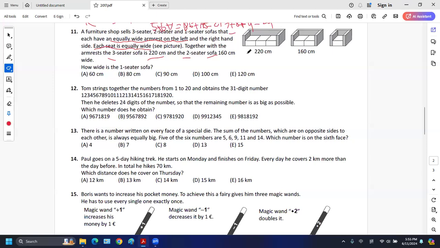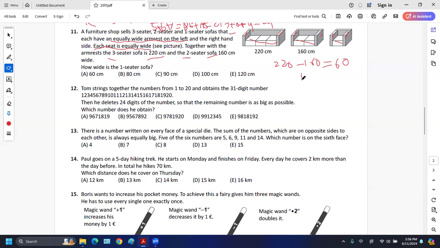So we can just use 220 minus 160 because these arm sets are the same as this one, and each seat is the same width too. So 220 minus 160 would equal 60, which is one seat.